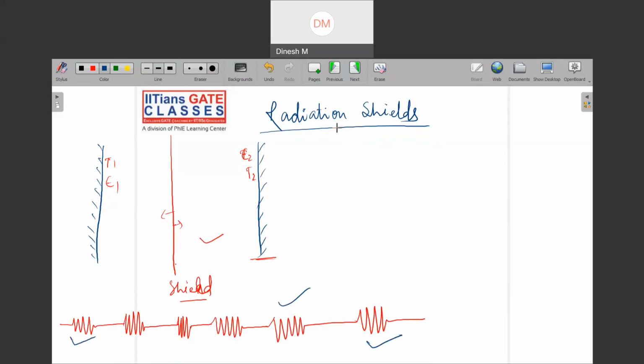But now you have two space resistances, like one space resistance which has been added, plus two surface resistances. So you see that these are introduced by one single shield.